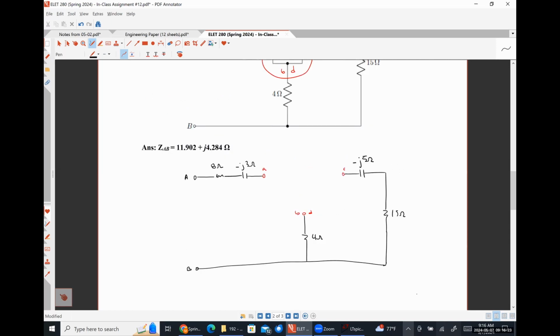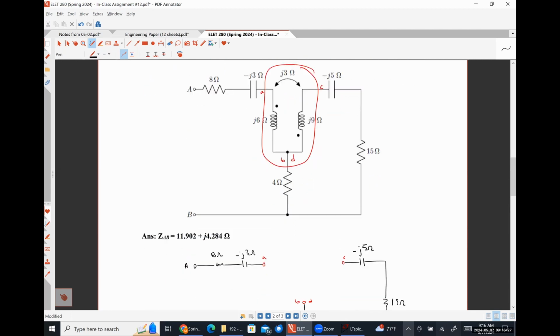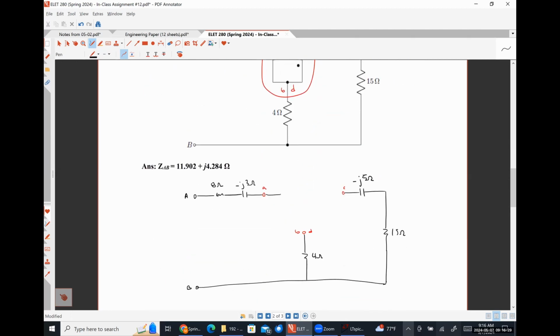And now, because I'm explicitly told to use a T equivalent circuit, there's my T equivalent circuit right there in the middle, and I need you guys to tell me what impedances should go there.